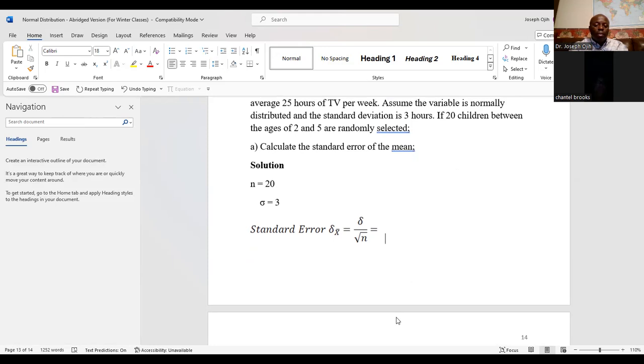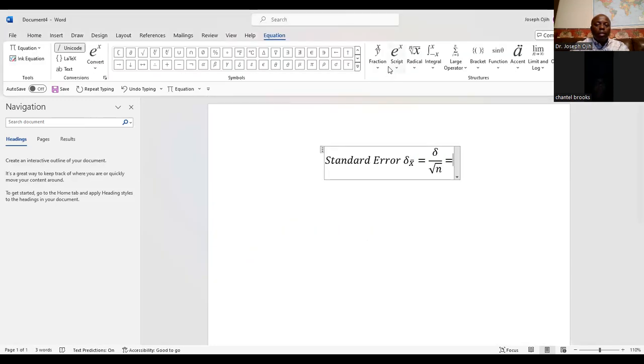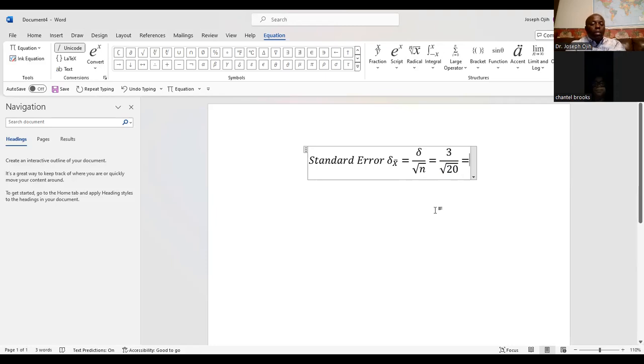So I'm going to put 3 over root 20, which is 3 over the square root of 20. That will give us the standard error.